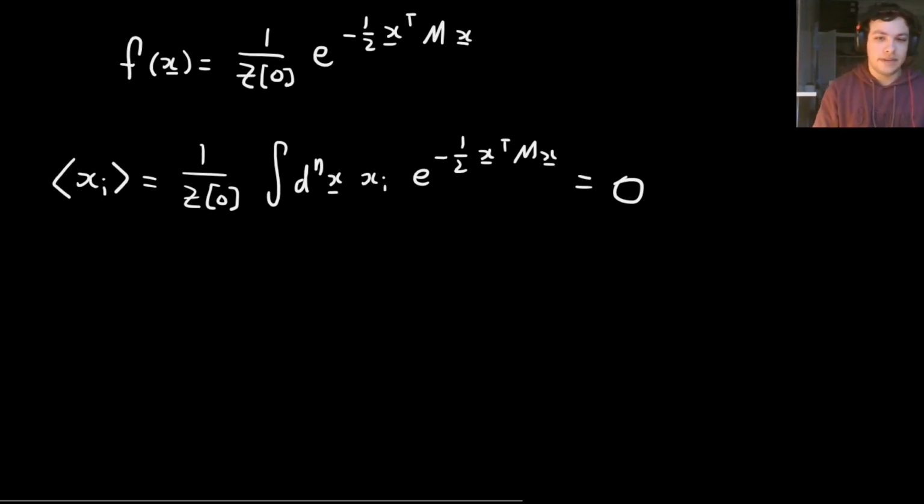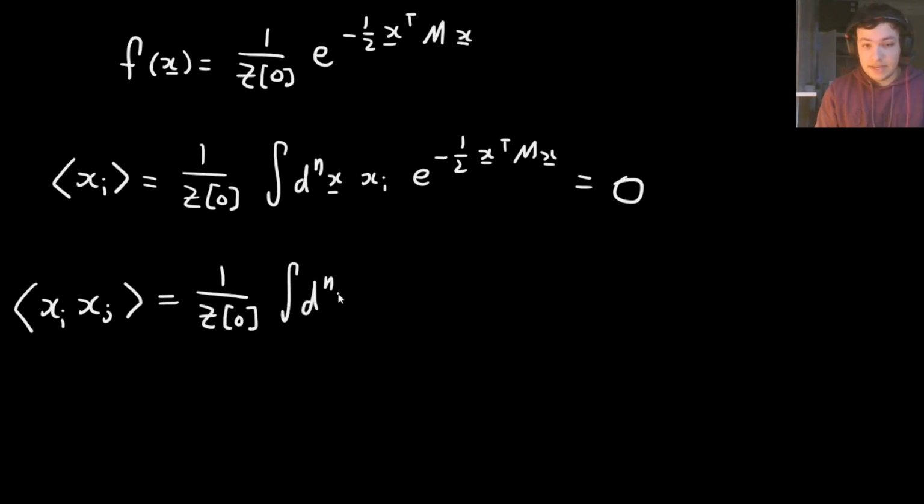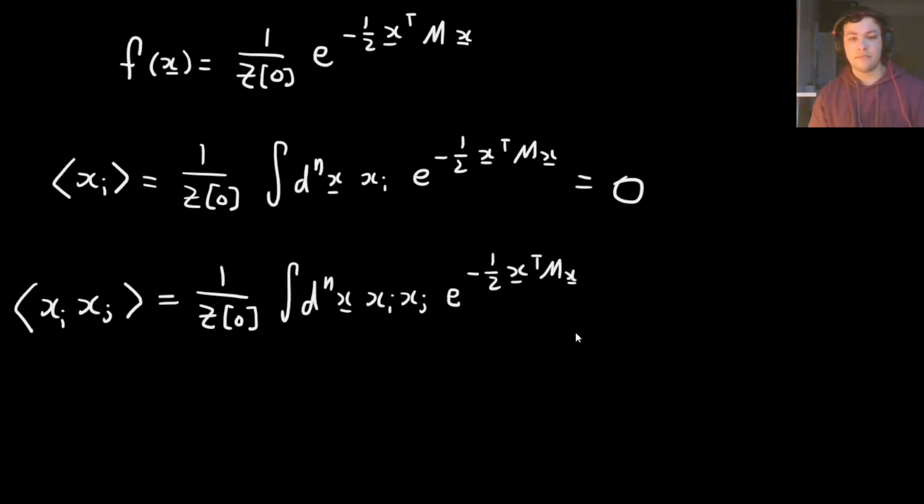That's boring, I know. But now let's move on to x_i x_j. So the product of these two things. We're hoping this is not going to be 0 now. So this is going to be 1 over Z_0 integral d^n x x_i x_j e to the negative half x transpose M x.